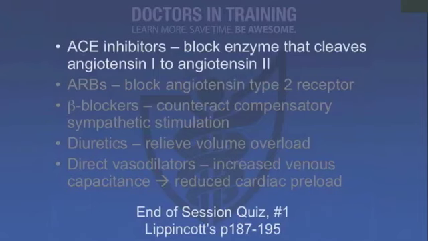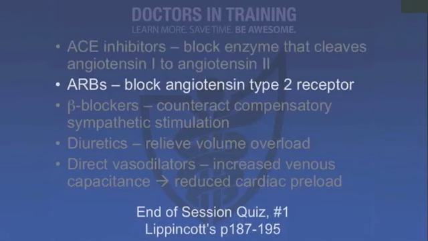Let's get going. Match the drug or drug class to its mechanism of action or major effect. So the first one we have here are the ACE inhibitors, and they block the enzyme that cleaves angiotensin 1 to angiotensin 2. ARBs, or the angiotensin receptor blockers, will block angiotensin type 2 receptors.